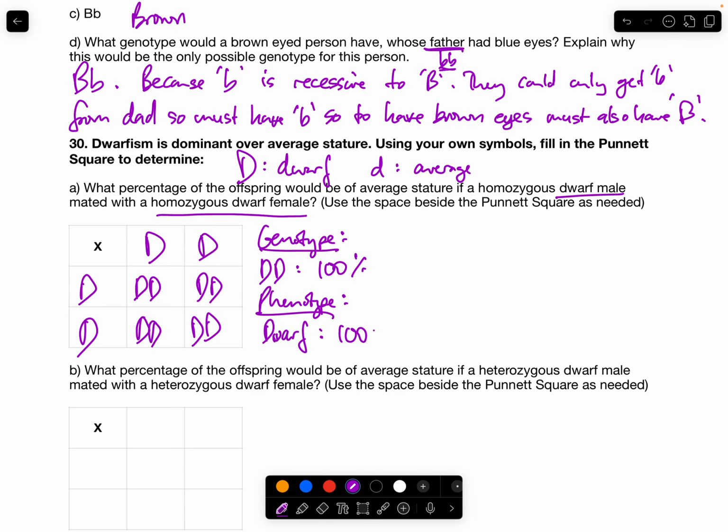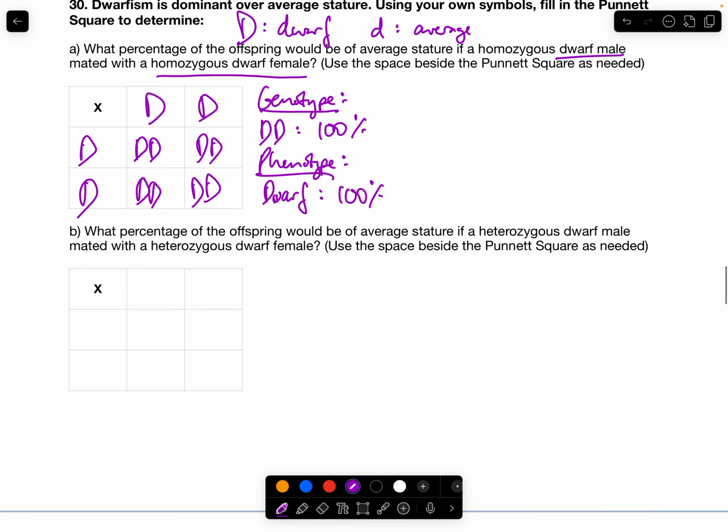What percentage of the offspring would be average stature if a heterozygous dwarf male mated with a heterozygous dwarf female? Big D, big D, big D, small d, big D, small d, small d, small d.